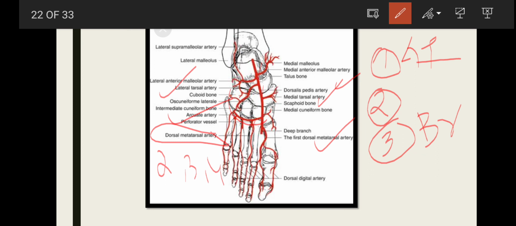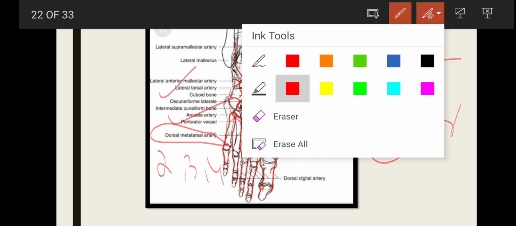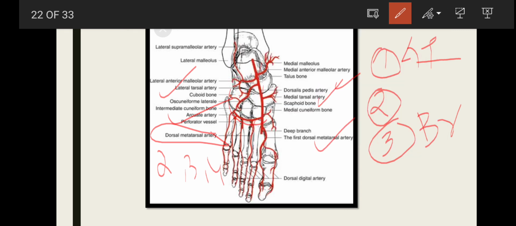Then you have to write about the relations also. You can mention superficial, deep, medial and lateral relations. Which tendons form the medial and lateral relations? The tendon which comes medially is extensor hallucis longus. Laterally, the one which goes to the lateral four toes, is extensor digitorum longus.